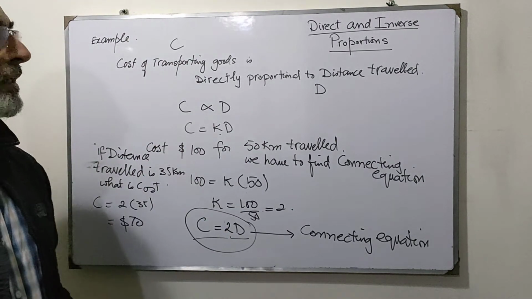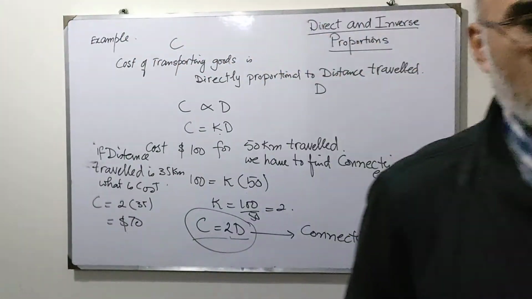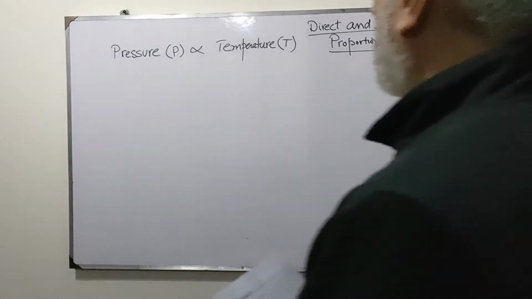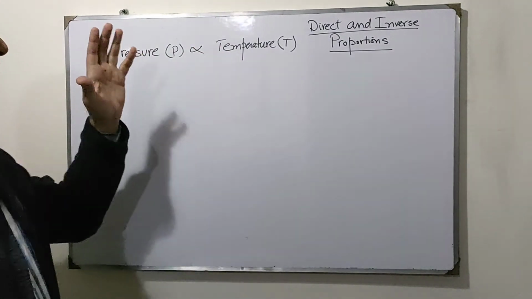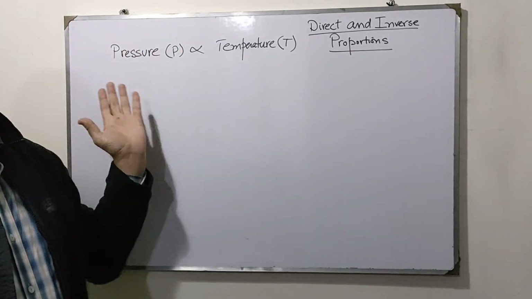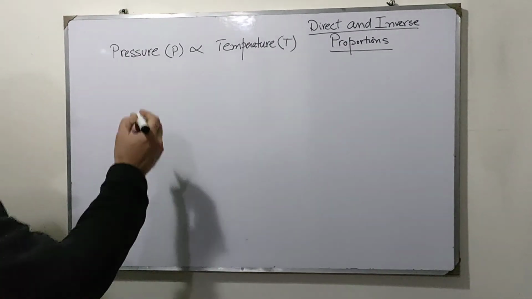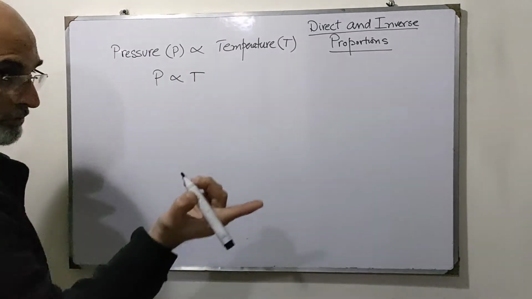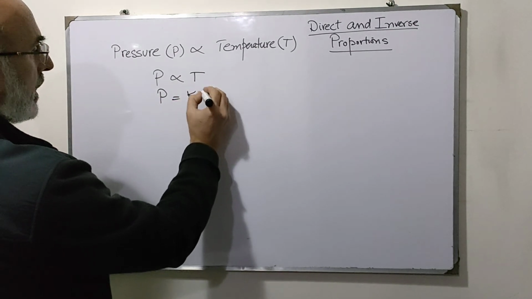Okay, so let's take another example, and we'll make a graph for that example also. In the next example, we are going to take pressure and temperature, and the pressure is directly proportional to the temperature. If the temperature is increasing, pressure is increasing; temperature decreasing, pressure decreasing. So we can write P is proportional to T, and to remove the sign of proportionality, we have P is equal to KT.